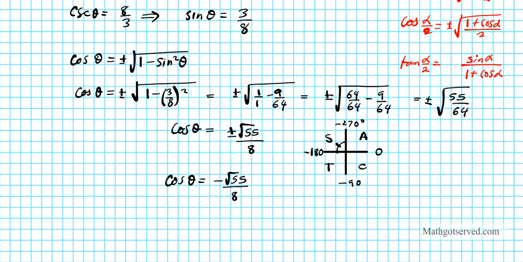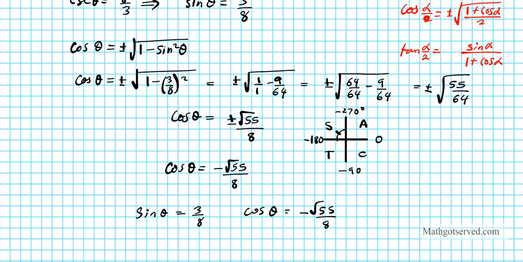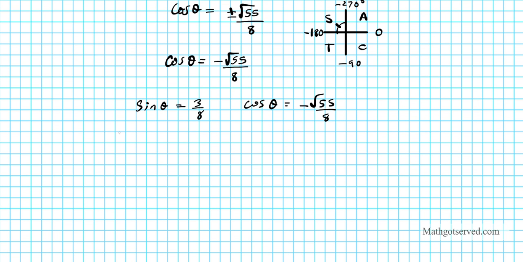Sine is 3 over 8. Let's write that over here. Sine theta from up here is 3 over 8, and cosine theta is negative root 55 over 8. Now these are the ingredients I need to create all the trig functions I need. Okay, so for part A, we need sine alpha over 2.